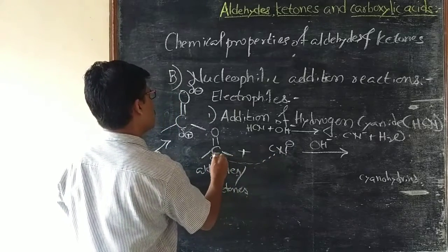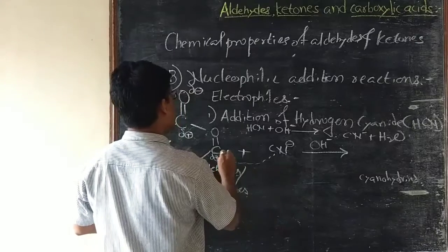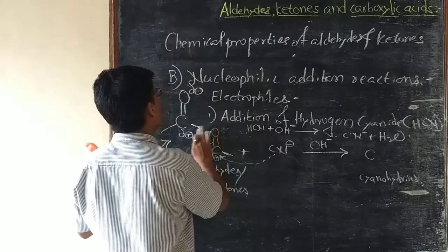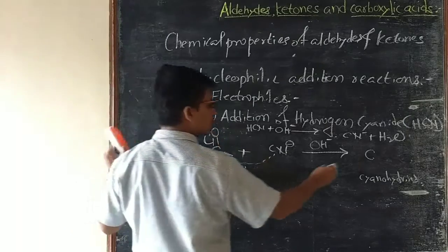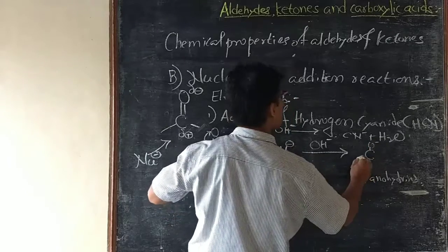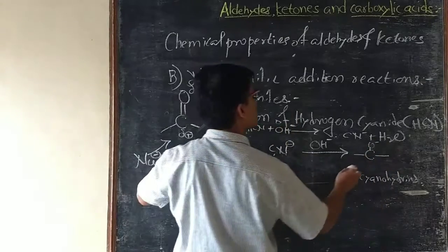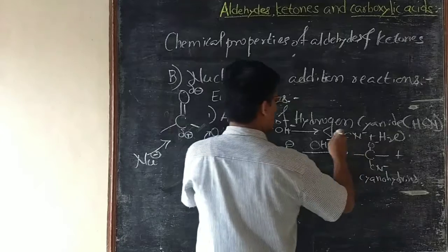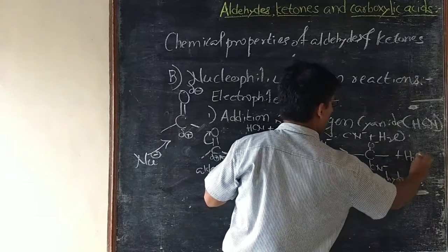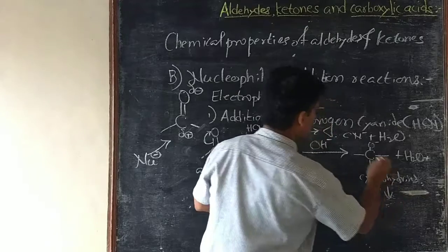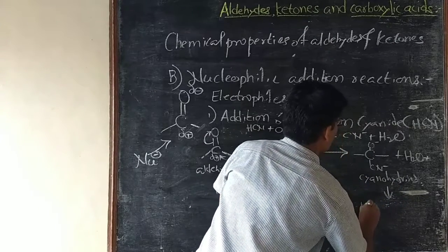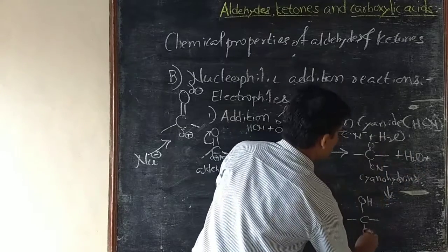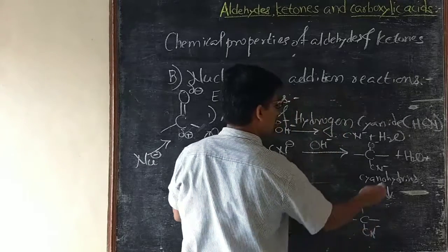Here the carbonyl carbon has positive charge, therefore CN minus approaches the carbonyl carbon, and the pi bond pair goes to oxygen to form O minus. Then this adduct plus H2O gives the O minus and H plus, and the CN, it is a cyanohydrin.